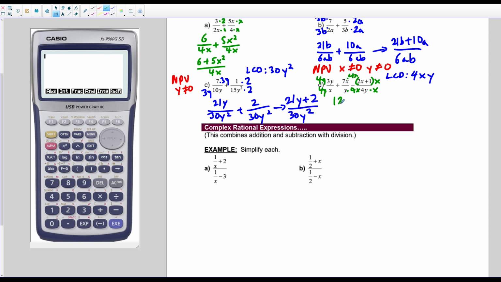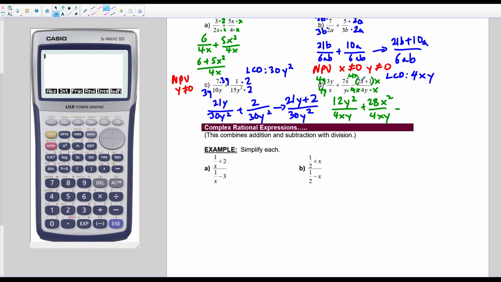I have 12y squared over 4xy plus 28, in this case, x squared over 4xy. And I'm going to subtract all of this here.